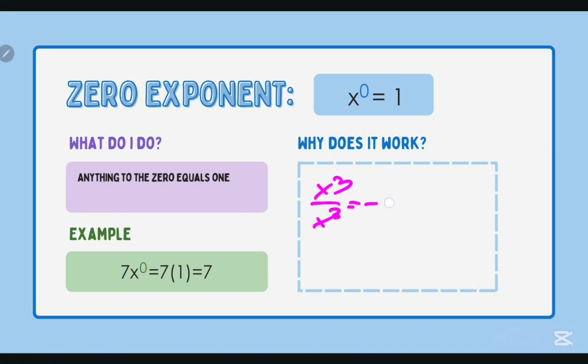We can write it as x times x times x over x times x times x. We will simplify the x's and it will be equal to 1. This is the explanation. Let's continue with the last rule, I guess.